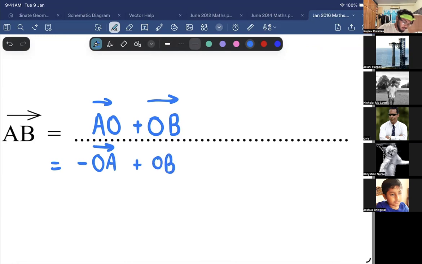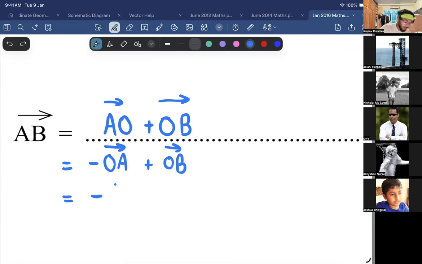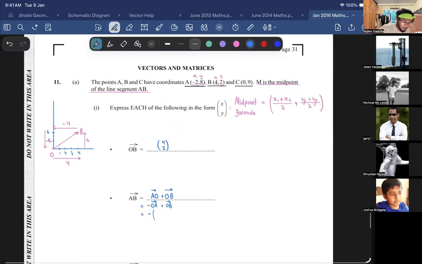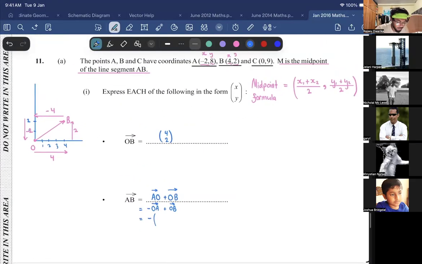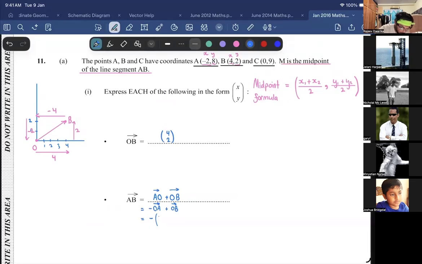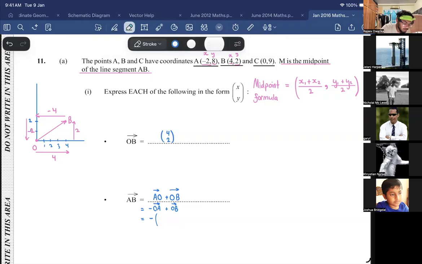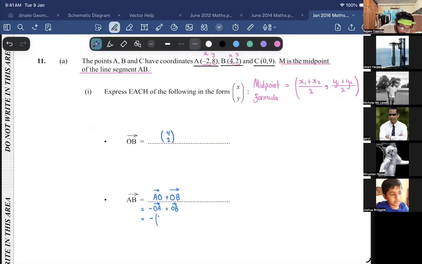Okay, so Christian, remind me, what is vector OA? Vector OA, my bad, sir, is -2, 8. So I'm gonna put -2, 8 over here. And vector OB is what? OB is 4, 2.